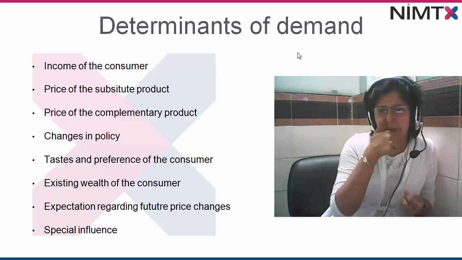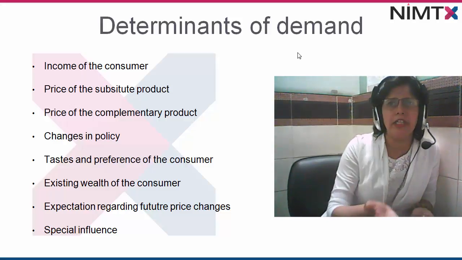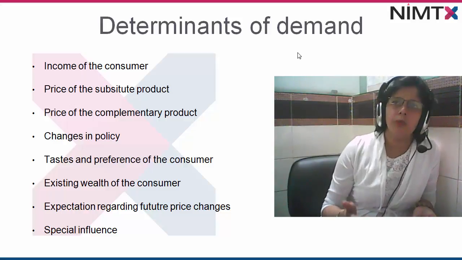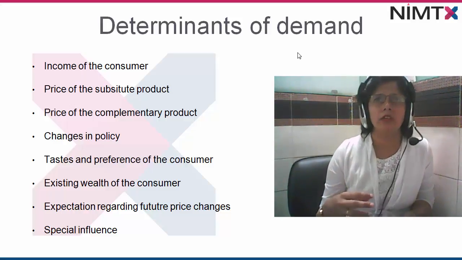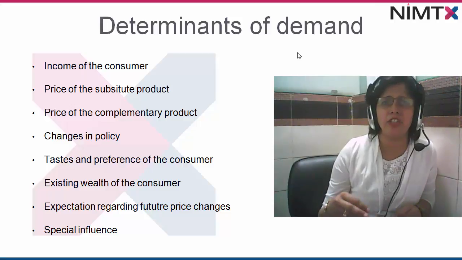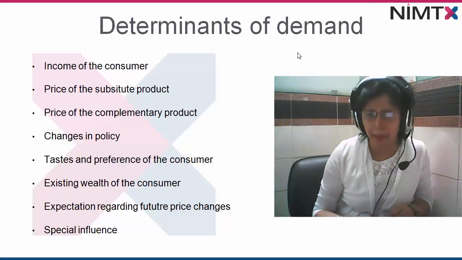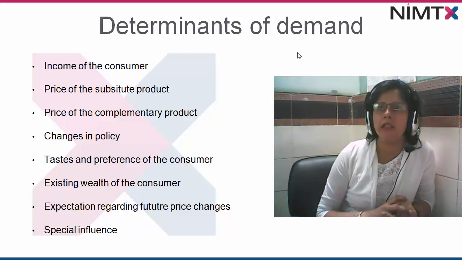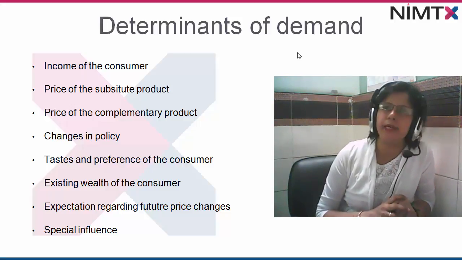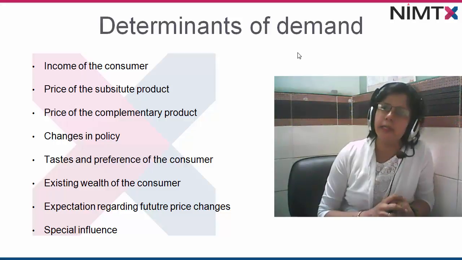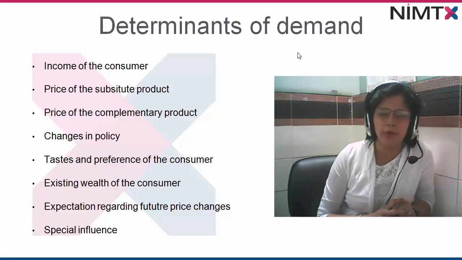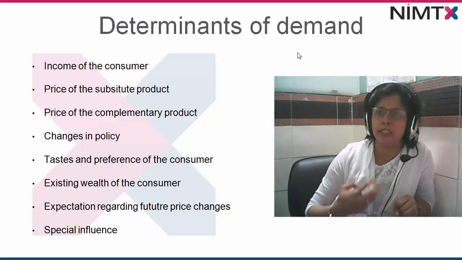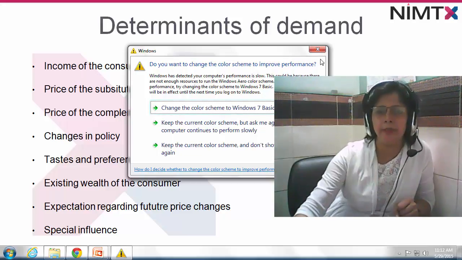If we are living in India and our government has a hard policy, a policy which is not flexible for the public, the demand gets less, and the price of the product increases. So it depends upon the government and which kind of policy they are implementing in their country.